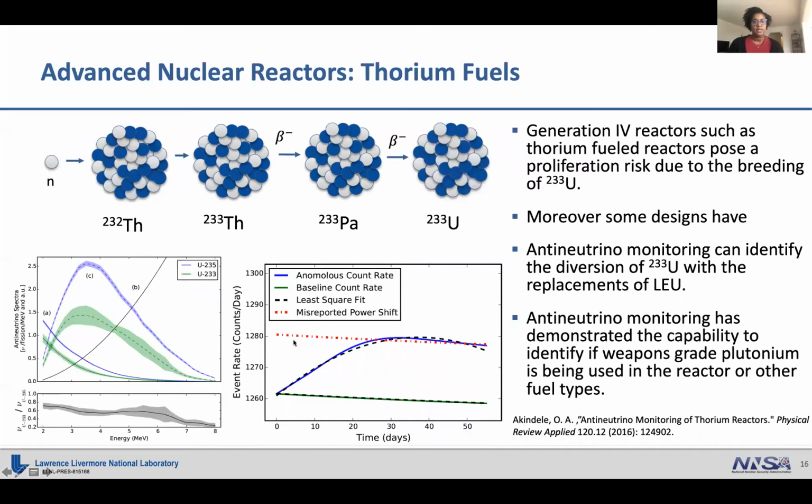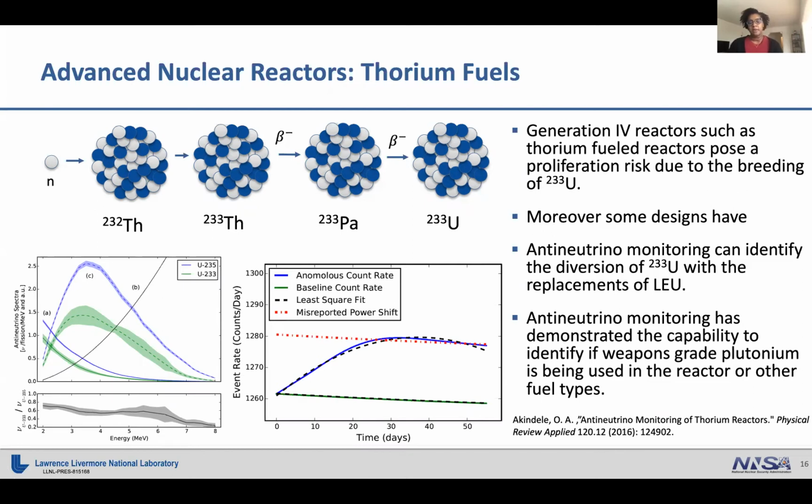And then lastly, the last example I'll show is the use of antineutrino monitoring for advanced fuel types, specifically thorium fuels. With thorium reactors, it has sometimes been stated that they're more proliferation resistant than your typical LEU reactors because they don't breed plutonium. However, with a thorium reactor, now you have a neutron on thorium-232, which turns into thorium-233. And again, 2 beta decays away, and now in this case, you have uranium-233.